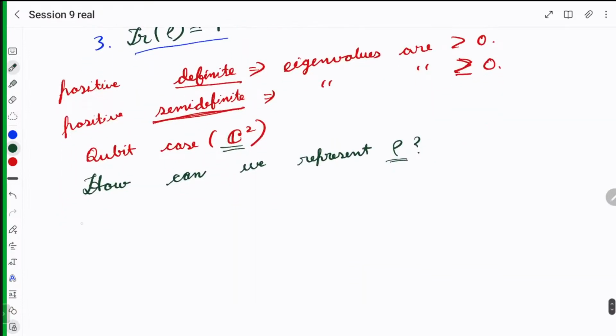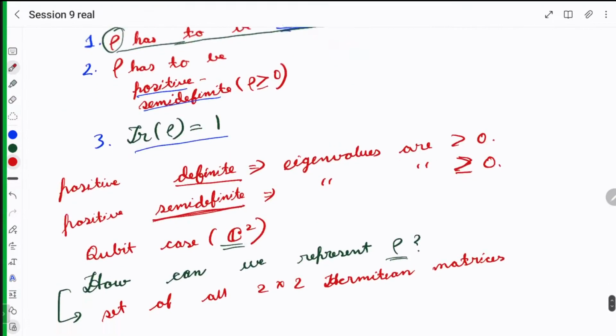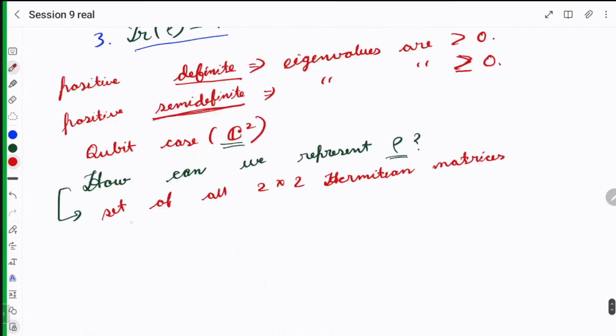So let's look at the set of all 2 by 2 Hermitian matrices. Because we have said that rho has to be Hermitian, rho will belong to this set, the set of all 2 by 2 Hermitian matrices.